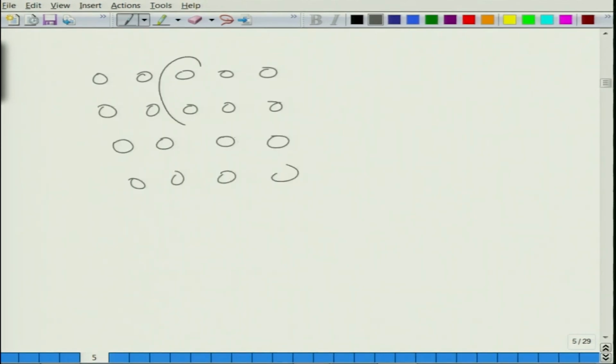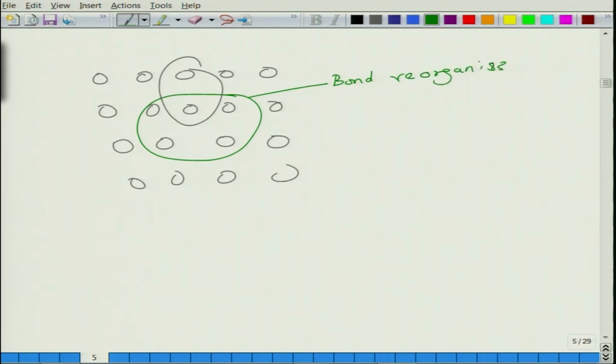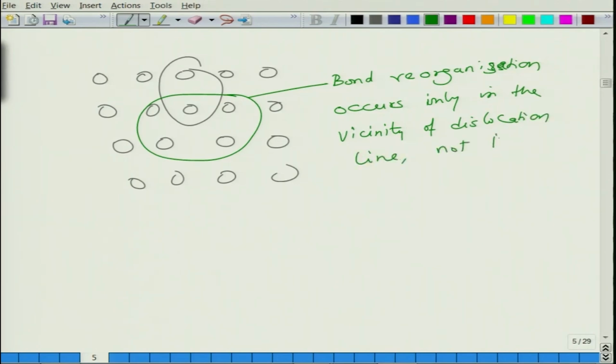When you move this extra row of atoms, it is not the whole plane that moves, it is only this group of atoms where the bond reorganization occurs, only in the vicinity of the dislocation line, not in the whole plane. So, although it looks as if the whole plane is moving, it is just that line which moves, just that core which moves. So, only a bunch of atoms is required.